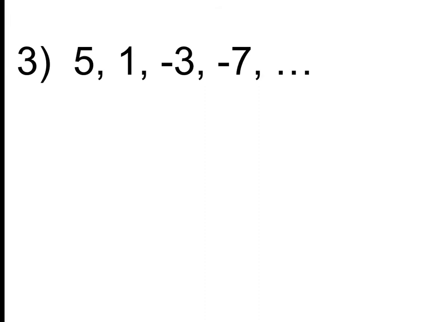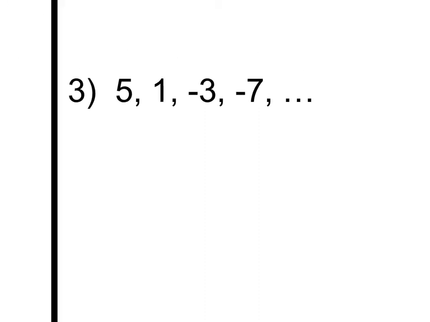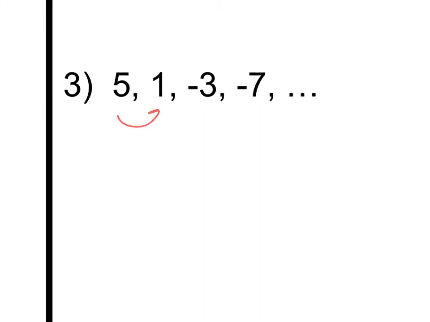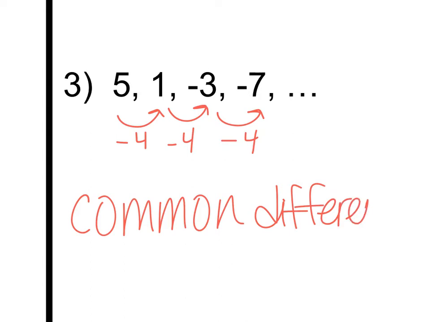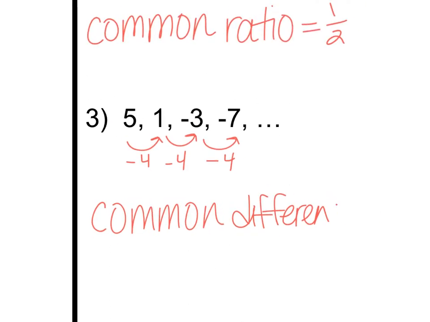Andrew, what's the pattern? For what number? Number 3. Minus 4. It's subtracting 4 every time. So, Kurt, what is it? Okay, it's a common difference. Since it has a common difference of -4, Aiden, would I say this is arithmetic or geometric?